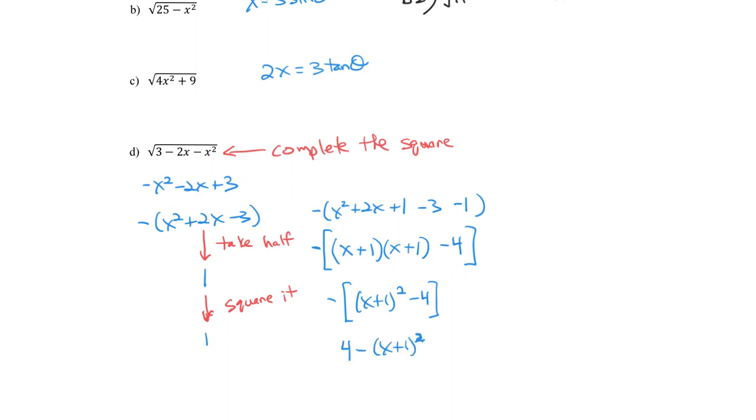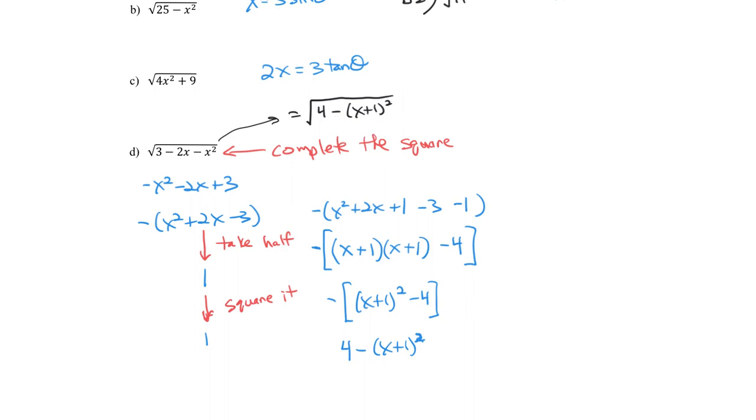Okay, so really what we've got, this original problem, is really just this, under the radical. Let me write this. This thing is really the same as 4 minus (x plus 1) squared, right? Those are exactly the same. But with this format, we can see it's going to be a constant minus the variable.